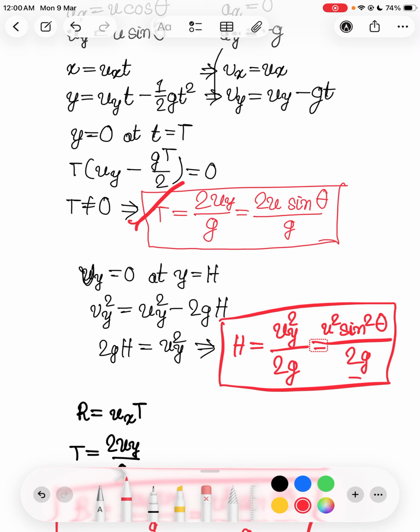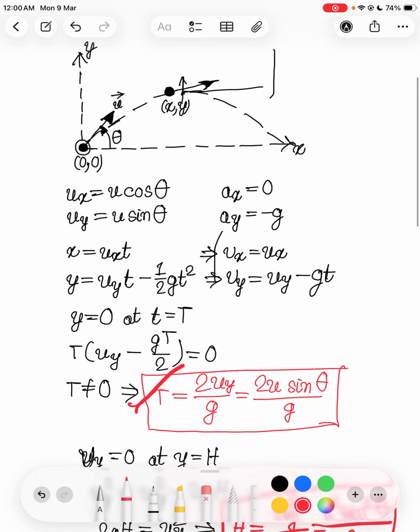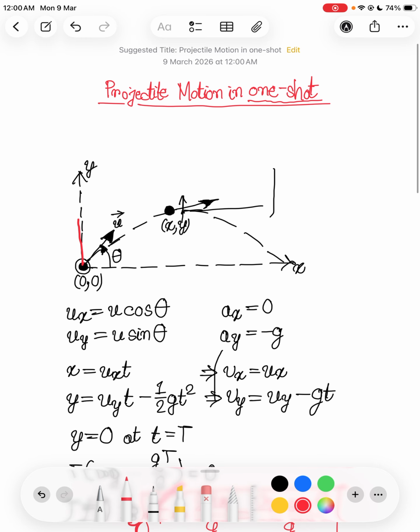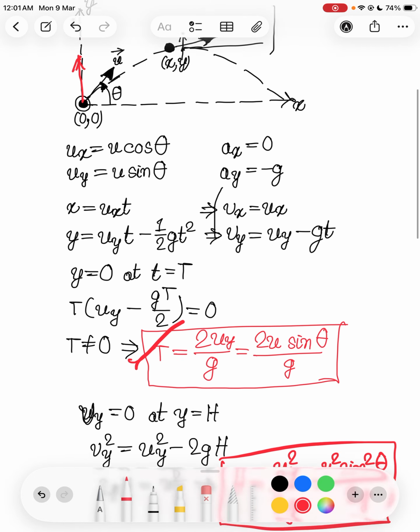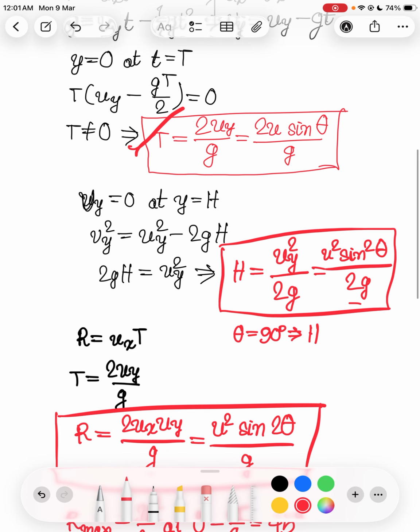And by the way, an interesting thing is that this maximum height will be maximum at theta equal to 90 degree, which makes sense, because theta equal to 90 degree is the case when you throw the projectile straight up, so all the velocity is upward. This indicates the case of the maximum height, that is vertical throwing up. So that makes sense.